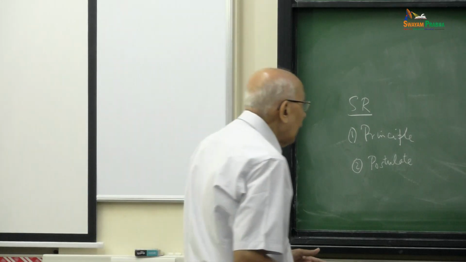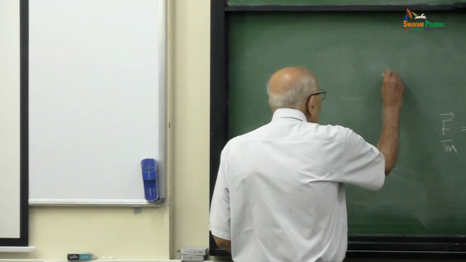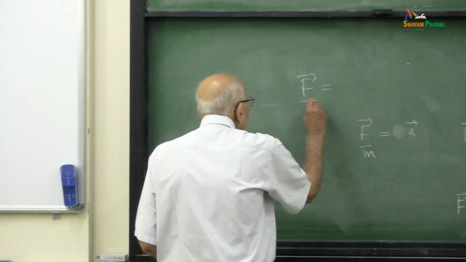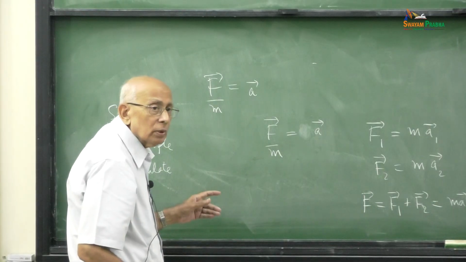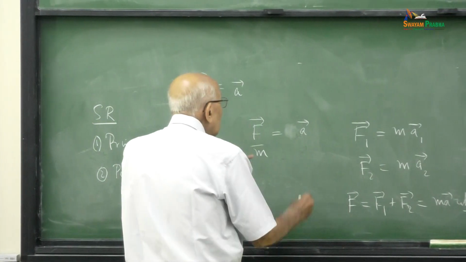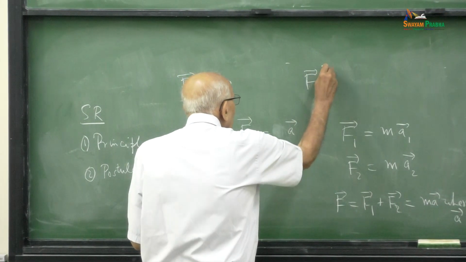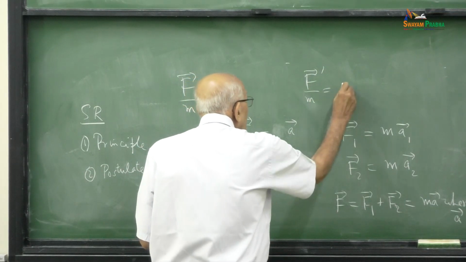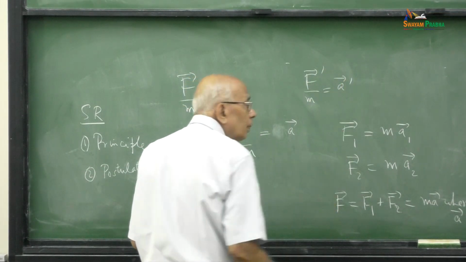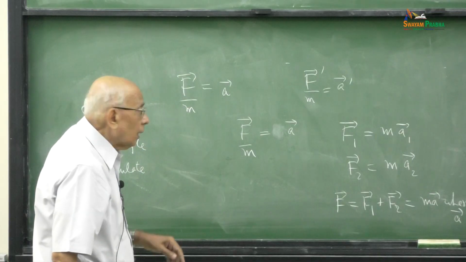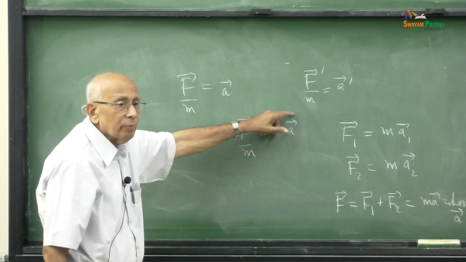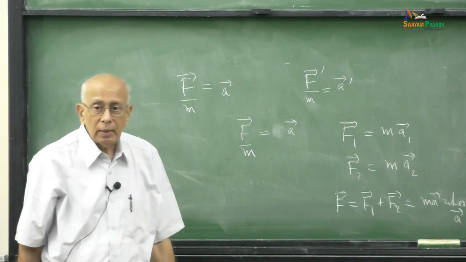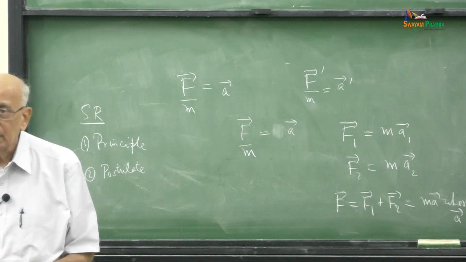So if you're guaranteed that in your frame of reference the particle has an acceleration A when you apply a force F, then another observer who applies a force F prime is guaranteed to have an acceleration A prime, where A prime is related to A in the same way that F is related to F prime. It has the same transformation law.